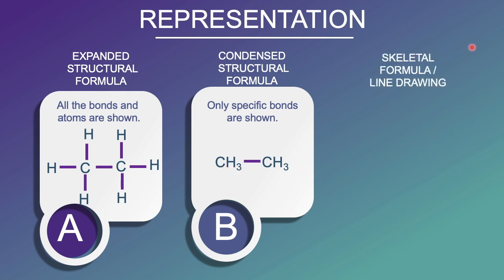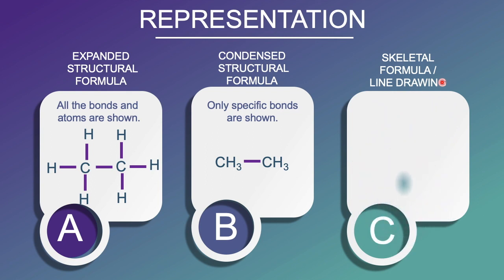Next way of writing it is with the skeletal formula or the line drawing. In line drawings, bonds are simply shown by lines. So the end points of each line segment or any points of intersection would be considered as carbon atoms. So ethane is just represented like this using a line segment in the skeletal formula.